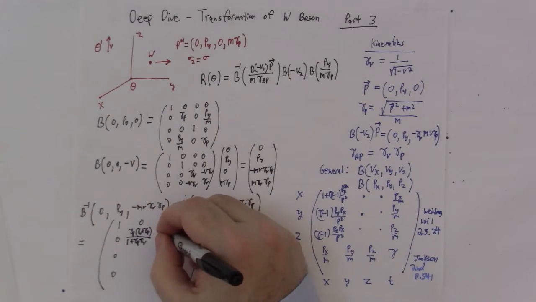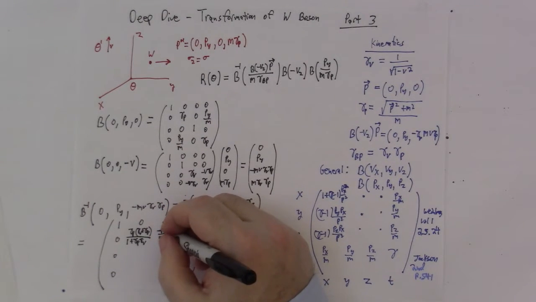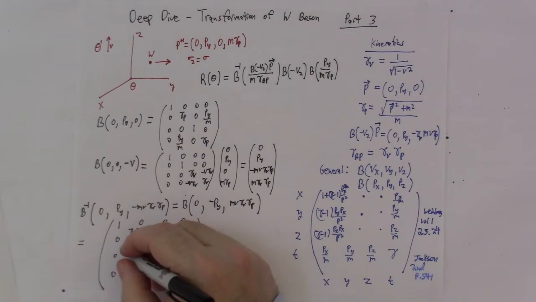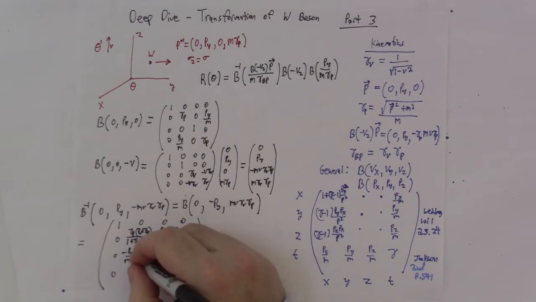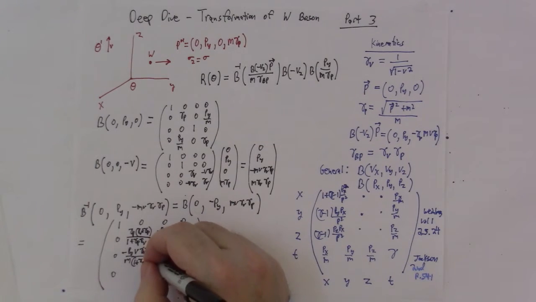This is minus py over m, v, gamma v, gamma p, divided by 1 plus gamma v gamma p. This is minus py over m times v gamma p divided by 1 plus gamma v gamma p.